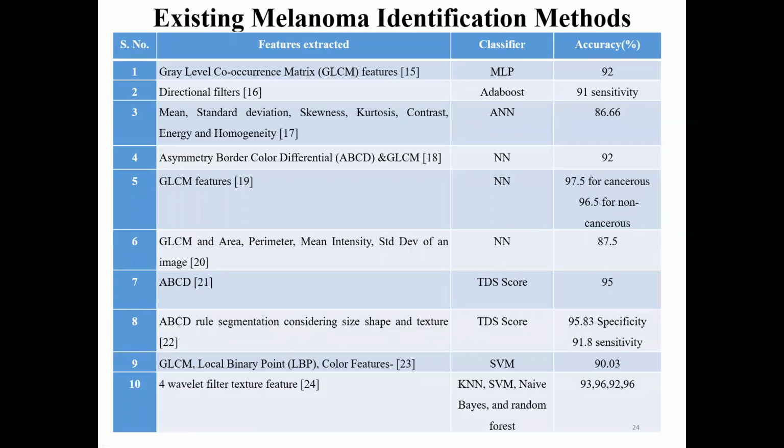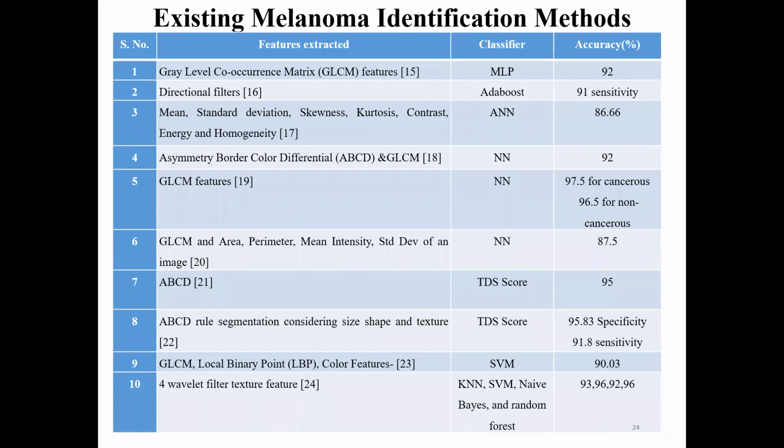When features like mean, standard deviation, skewness, contrast, energy, and homogeneity are used with an ANN classifier, they achieved 86.6%. With directional filters, 91% can be achieved.